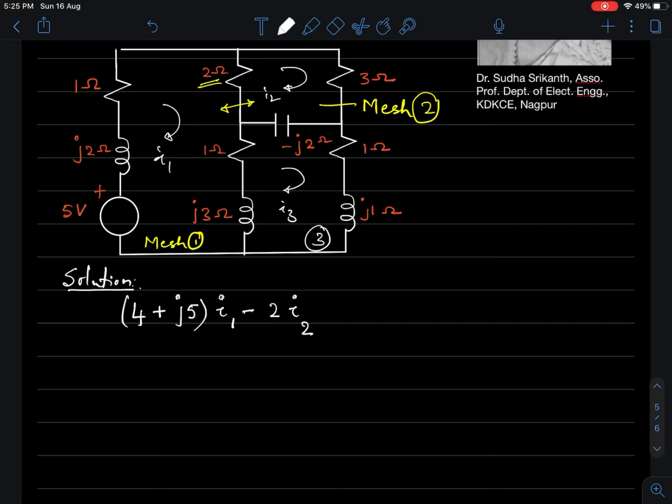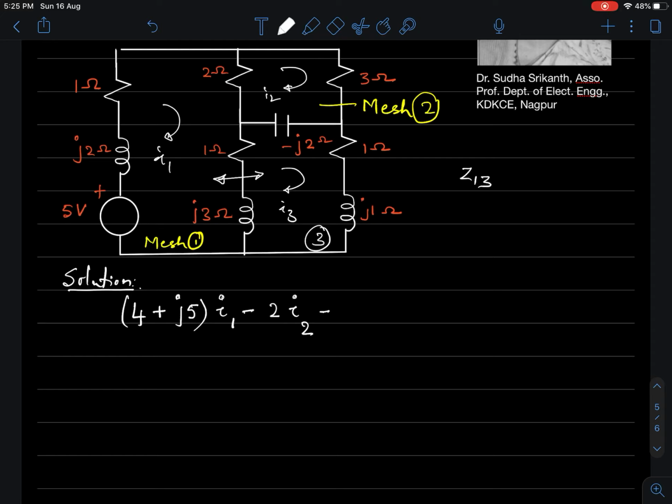Now, we have to write the third element. What is the third element? Third element is identified as Z13. What is common between the first and the third mesh? What is the common branch between them? That again has to be taken with a negative sign. So that will be minus of the impedance.